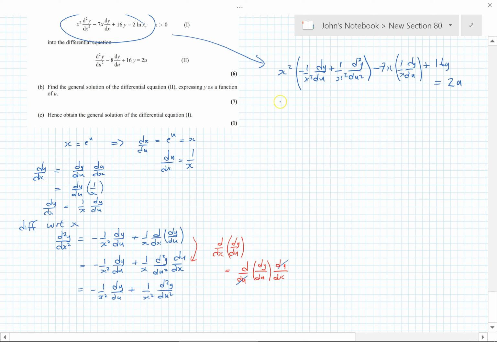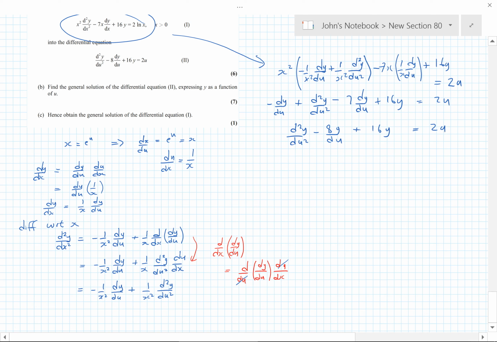Multiplying out the x squareds, we get minus dy by du plus d2y by du squared minus 7 dy by du plus 16y equals 2u, which gives us what we want: d2y by du squared minus 8 dy by du plus 16y is equal to 2u.